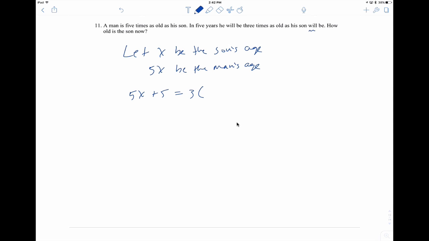The place you might slip up here is that you can't just go 3x, because it will also be 5 years into the future. He will be 3 times the son's age 5 years into the future. So then you can solve it pretty straightforward. I don't think I'll talk too much. I'll just do it.